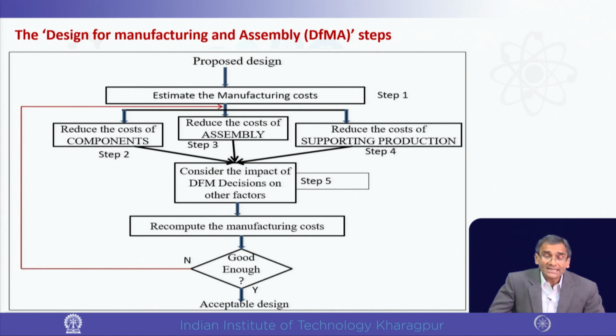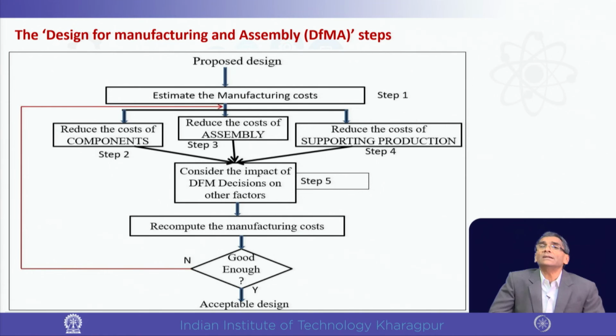So, an attempt should be made to reduce cost at every stage, as I said just now, for assembly, for manufacturing, and now I am talking about the supporting production, the manufacturing support system: jig, fixture, equipment, material handling system, everything. But one has to consider the impact of the DFM decision on other factors, like cost or the environmental conditions.